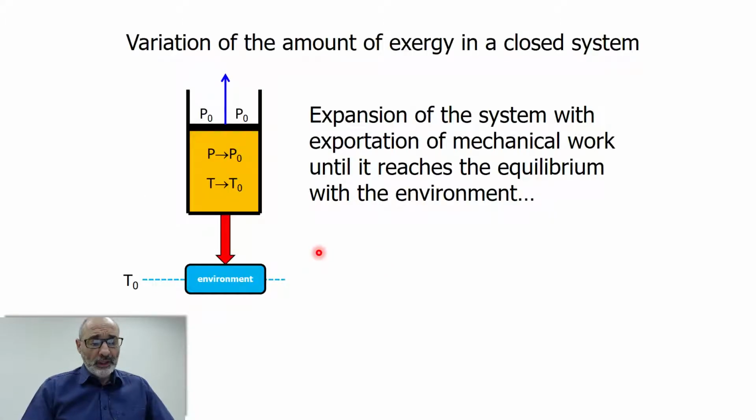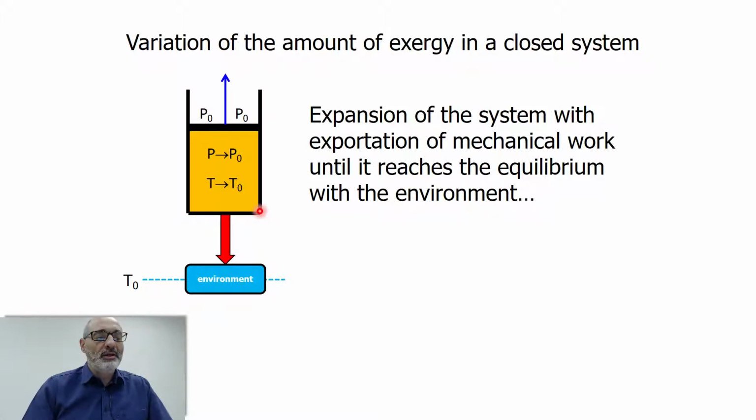So let's start by applying these ideas to a closed system. A system is a certain amount of mass confined by a virtual surface, and if it is a closed system, there is no mass flow through this surface.